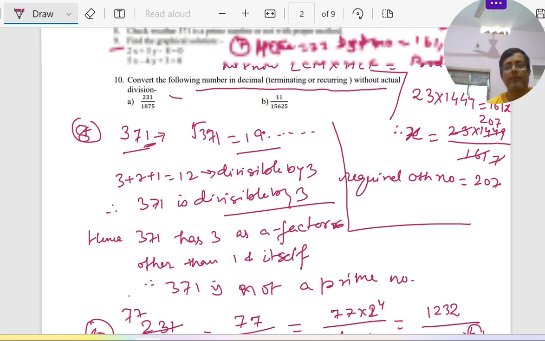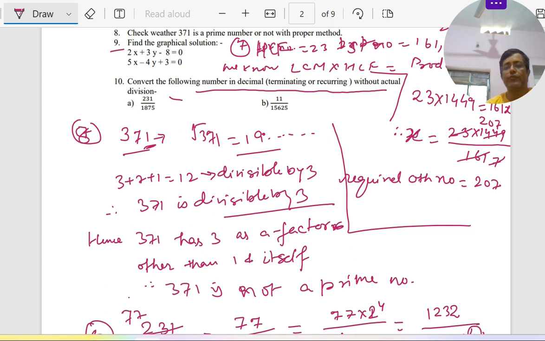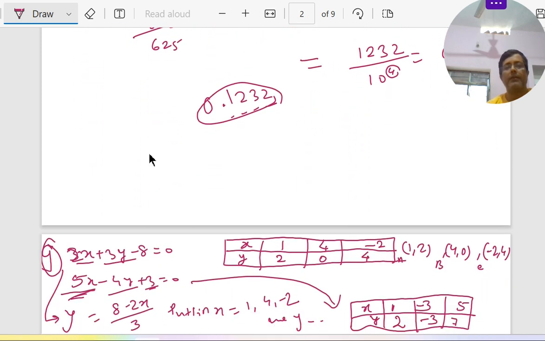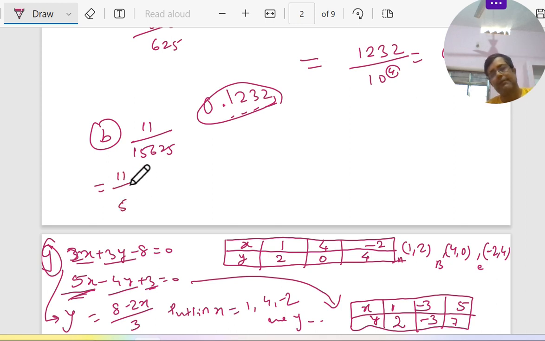Next one is given, 11 over 15625. This is question B, 11 by 15625. If you go for prime factorization, you will get 11 by 5 to the power 6: 5 times 5 is 25, 5 times 25 is 125, 5 times 125 is 625, 5 times 625 is 3125, 5 times 3125 is 15625. So what I have to do is multiply this by 2 to the power 6 up and 2 to the power 6 down, that means in numerator and denominator both.